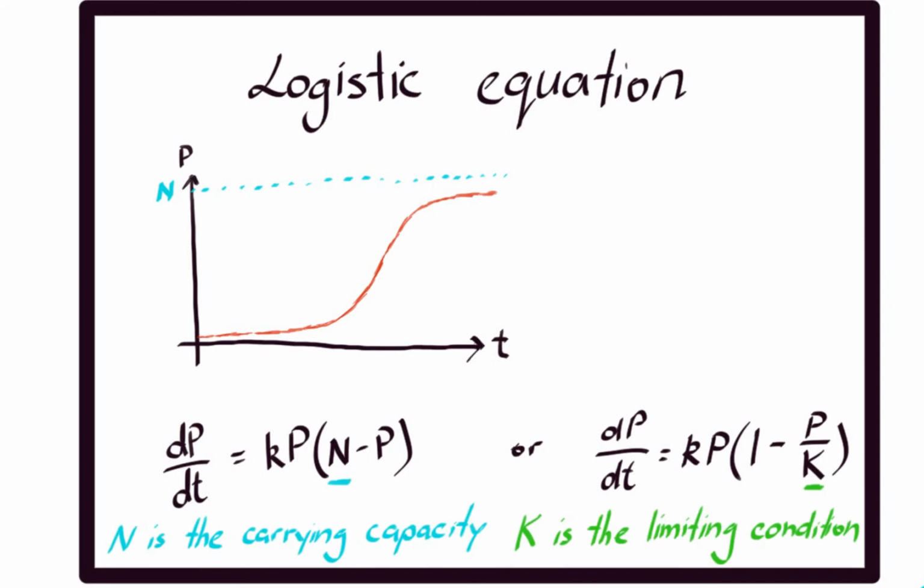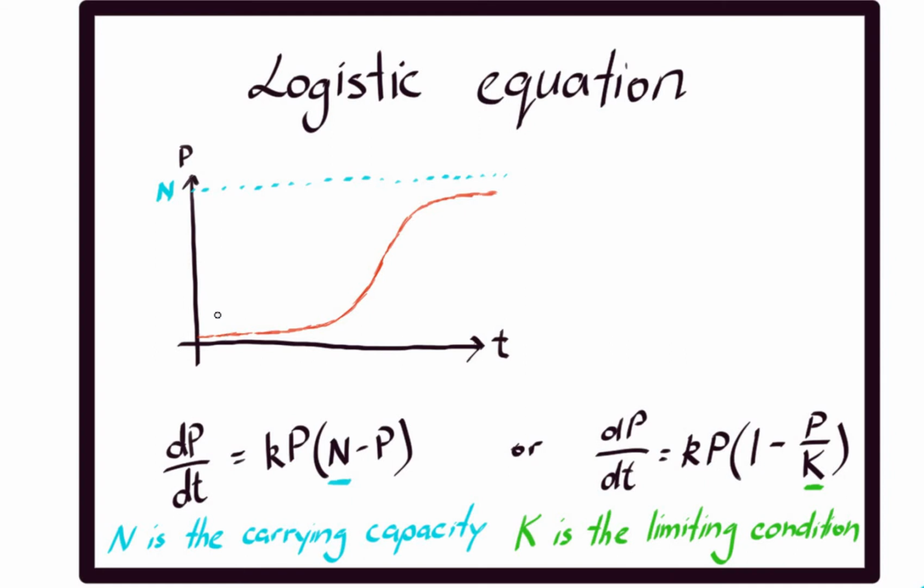Whether we're talking about COVID-19 or something else to do with epidemiology, or population growth, or things in biology or economics, this logistic equation is a more realistic model, because we generally have some restriction, what we've called the carrying capacity or the limiting condition, in real life.